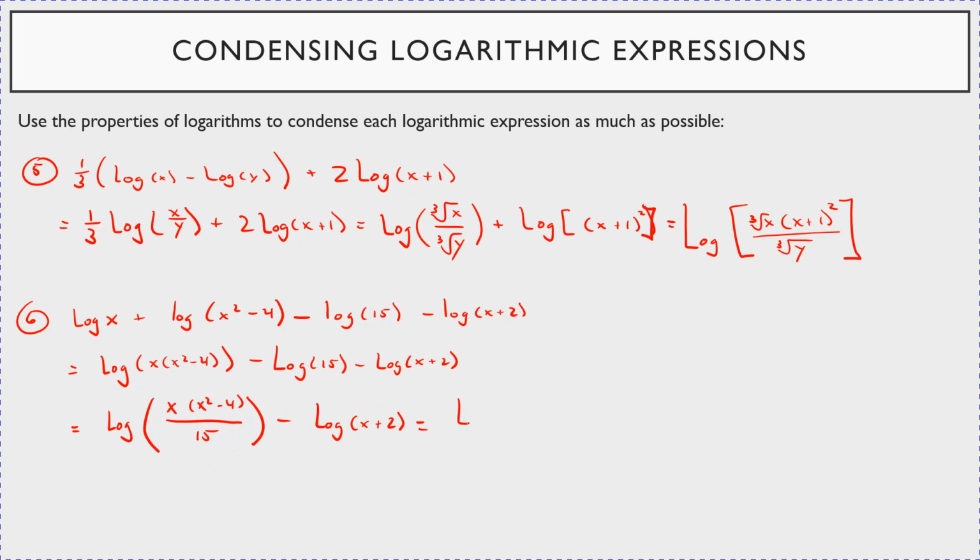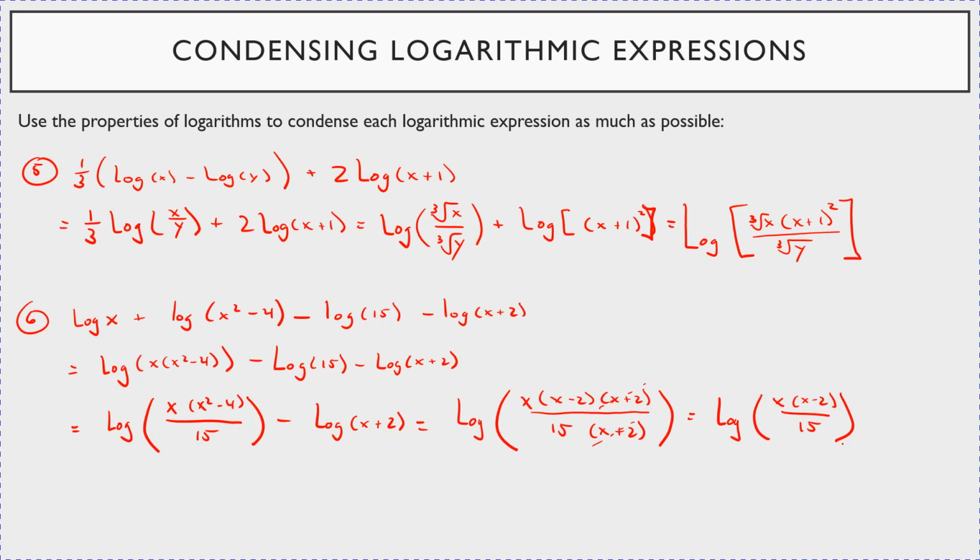So this then becomes log of x squared minus 4, which factors as x minus 2 times x plus 2, and you'll see why I'm doing that, divided by 15, and then times x, and in the denominator also x plus 2. So look what cancels. Make sure you check for that when you do these problems. And we got it.